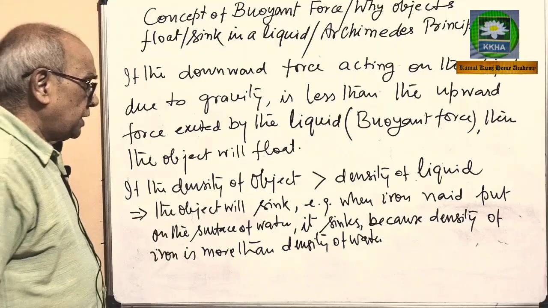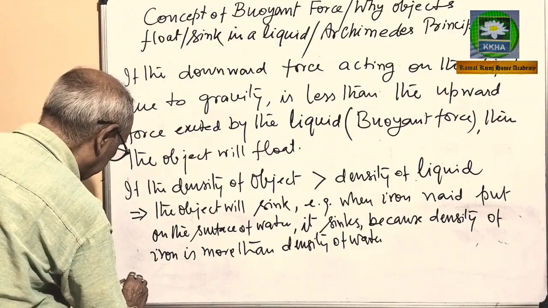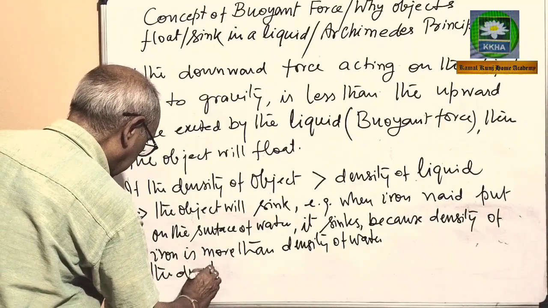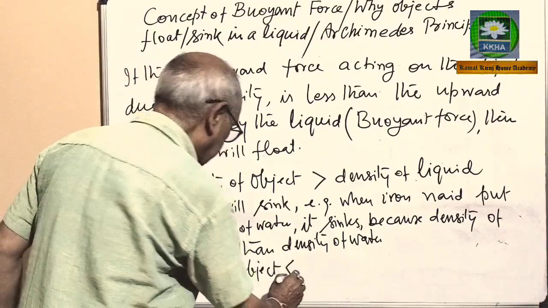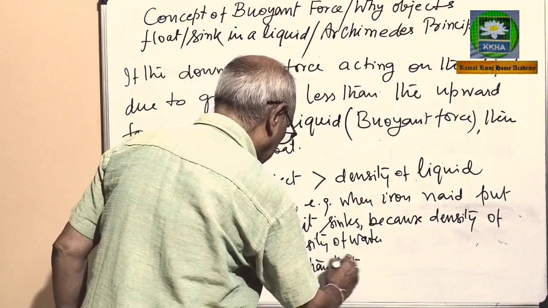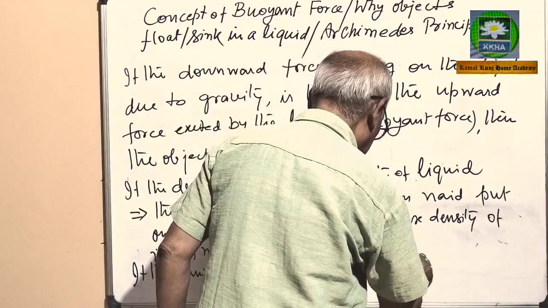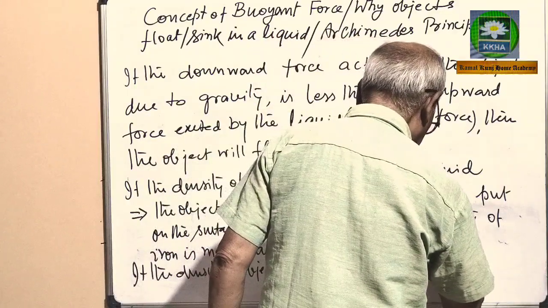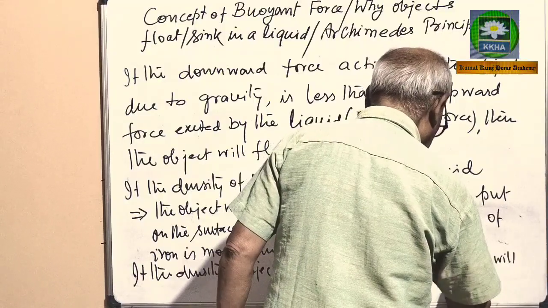Now, if the density of object is less than that of liquid, then the object will float.